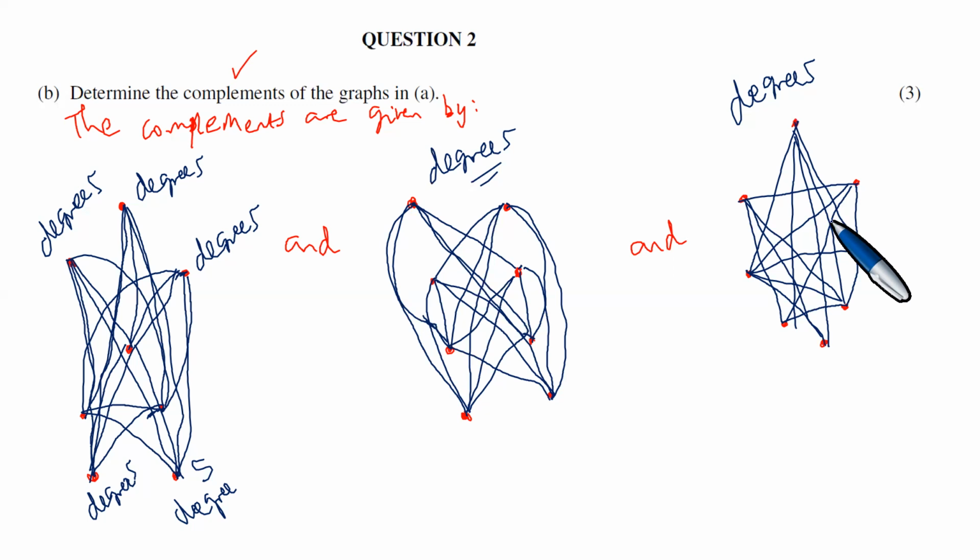Okay, so we continue. We continue and we have that. Let's check again. The best approach sometimes is to draw the original graph and then just use colors.